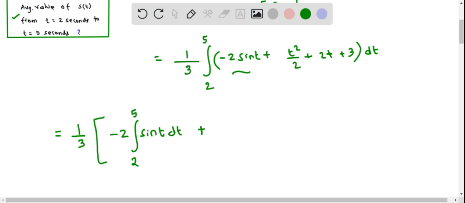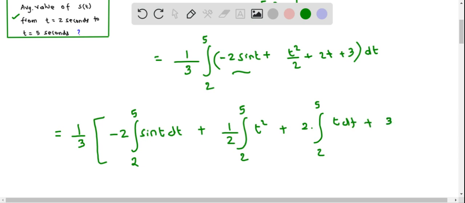I can factor out the 1 by 2 and then find the antiderivative from 2 to 5 of t squared. Similarly for 2t, I can factor out the 2 and then put this as 2 to 5 t dt, and finally this one is 3 antiderivative 2 to 5 1 dt.